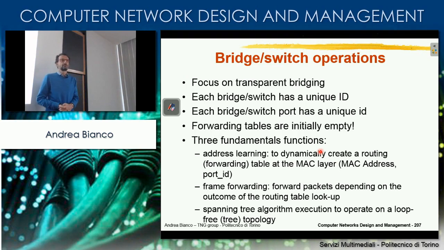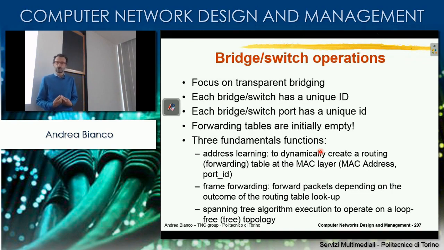Whereas, while you start seeing packets in your network, you will start learning addresses. Okay? Once you've done that, which is the way in which you populate your forwarding table, then you have to make a decision on how to forward packets, depending on what you find in your table.